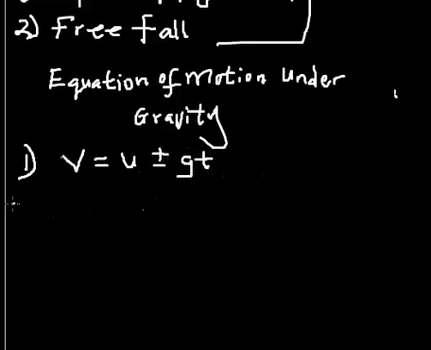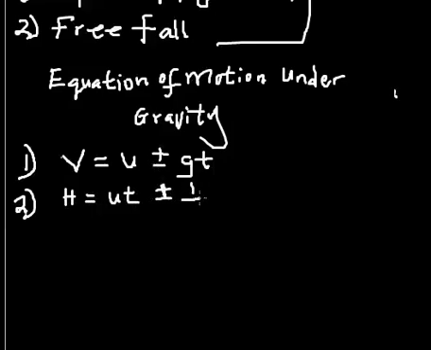For number 2, we have that S is equal to UT plus half AT squared, but I'm not going to use S. I'm going to use H, showing that we are dealing with height now. So H is equal to UT, then in place of this plus, there's going to be plus or minus. I'll tell you why the plus or minus, where we are to use plus and where we are to use minus.